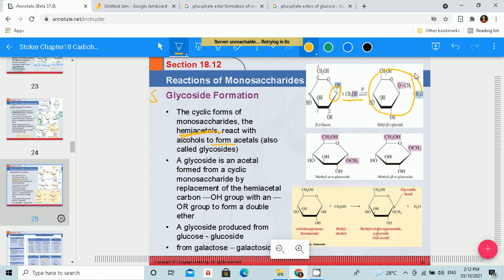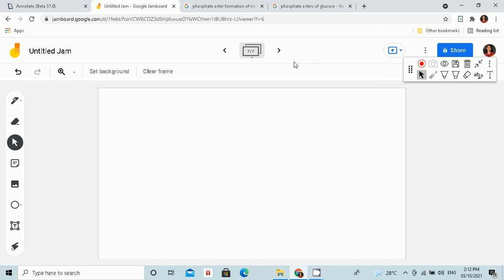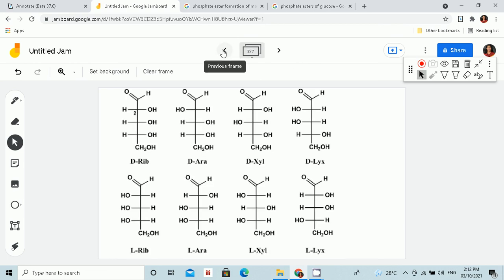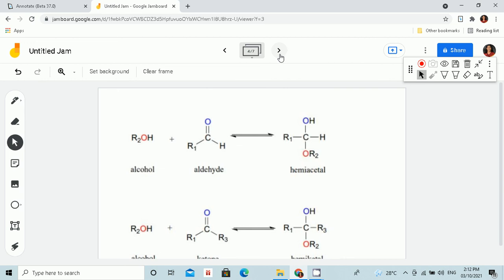So with an aldehyde, when an alcohol attacks an aldehyde, you can form hemiacetal. But this time, when a hemiacetal is attacked with an ROH, an alcohol, then you will form acetal.